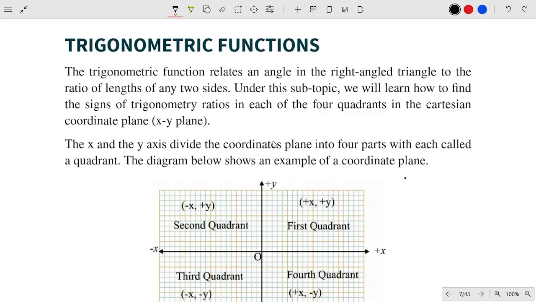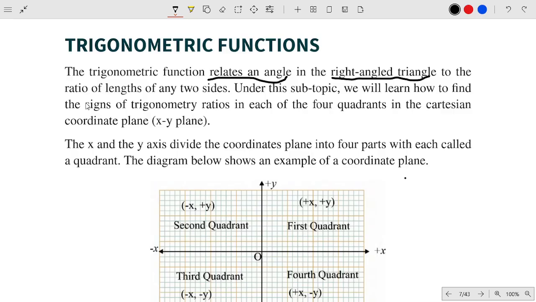So here we're going to talk about trigonometric functions, and we're saying that trigonometric functions relate an angle in a right angle triangle to the ratio of the lengths of any two sides.